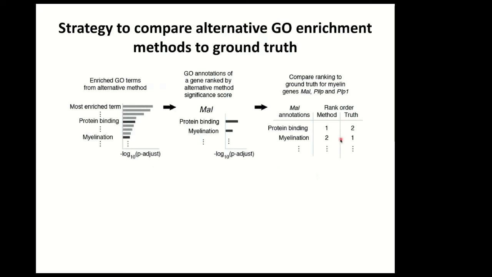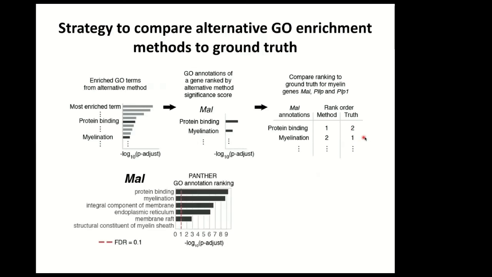And then we can compare them to a ground truth, like myelination relevant, but other terms not relevant. So when we do this for the Panther global enrichment analysis method, this would be the ranking according to Panther. So myelination is up there, but protein binding, which is a very generic term, is even more strongly enriched, so it ends up at the top.